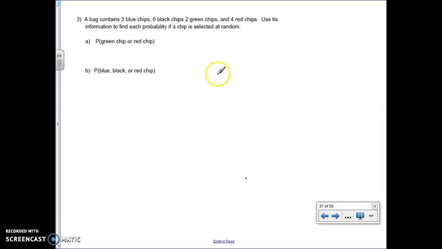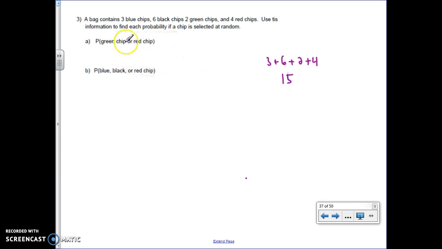Okay. So we have a bag of chips. We have 3 blue, 6 black, 2 green, and 4 red. So overall, I have 3 plus 6 plus 2 plus 4, so it looks like we have 15 chips overall.